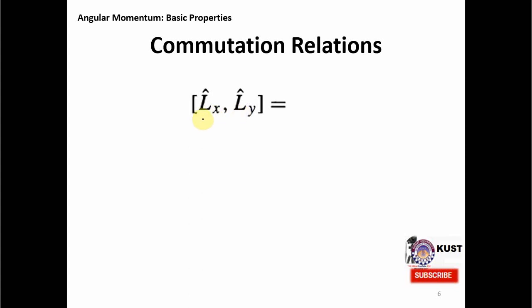To start with, we calculate the commutator of the operators for the x component and y component of the angular momentum, and we would like to know its value. If it is equal to 0, that would mean that Lx and Ly, that is, the observables associated with the x component and y component of angular momentum, are compatible.